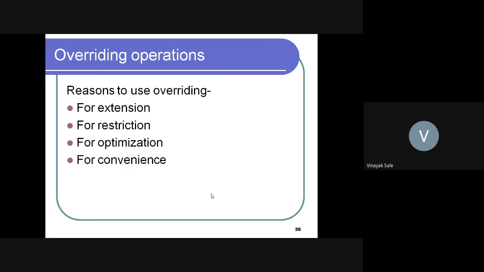Then overriding operations. What is overriding? You have studied the concept of overriding in C++. There are different reasons to use overriding: for extension, for restrictions, for optimization, for convenience. That is overriding operations.